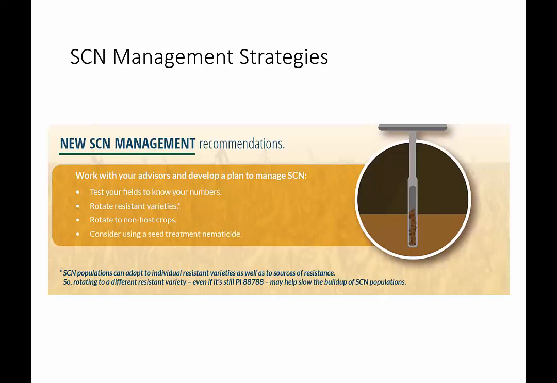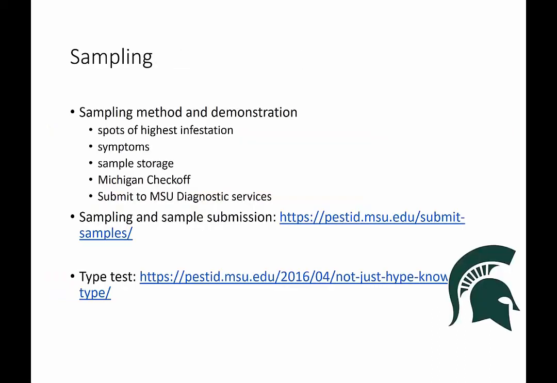Rotate to non-host crops, things such as corn, wheat, any grain, or just about any crop that is not a bean. Beans are just as susceptible as soybeans. And consider using a seed treatment nematicide. Being a seed treatment nematicide, the least important of the different strategies that I mentioned, the one that has the least impact. So submit a sample to MSU Pest ID.